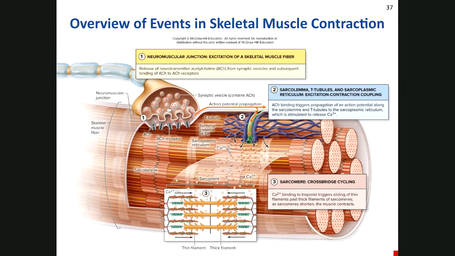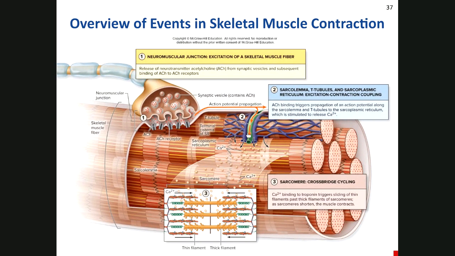So when the neurotransmitter is released here and attached to its receptor, and the sodium channels become open, we have depolarization of our cell, and the wave of depolarization propagates in our sarcolemma. The action potential which happens here propagates in our sarcolemma until it reaches the T-tubule, and it goes inside the T-tubule. Do you remember that in the T-tubule we have some sensitive voltage-gated calcium channels?